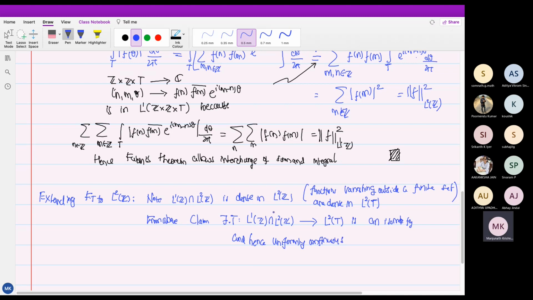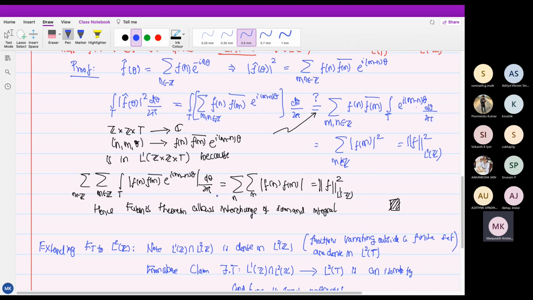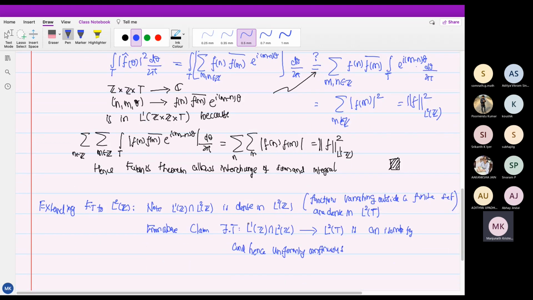Okay, what do I mean by uniformly continuous? The distance between the Fourier transforms. So you take two functions here. We take the L2 metric on both sides. So if we take this L2 of Z metric here and L2 of T metric here, then it's an isometry.